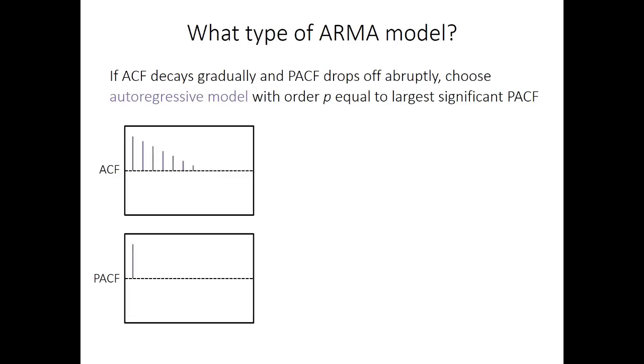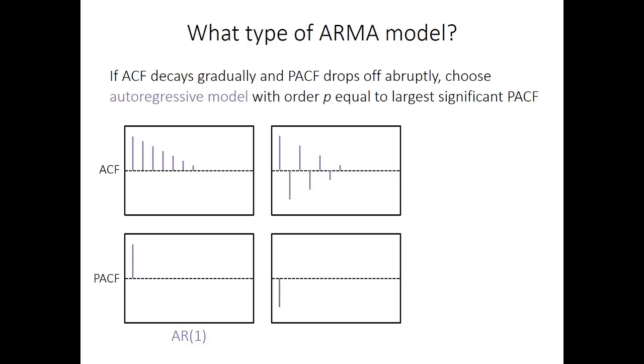For example, this schematic, which doesn't have the dashed lines for significance, shows a gradual ACF decay and only a single significant PACF lag, which suggests a first-order autoregressive, or AR1, model. Depending on the nature of the autocorrelation, the decay may alternate between positive and negative, but this is still typical of an AR1 process because the absolute magnitude is decaying gradually, and only one PACF lag is significant.